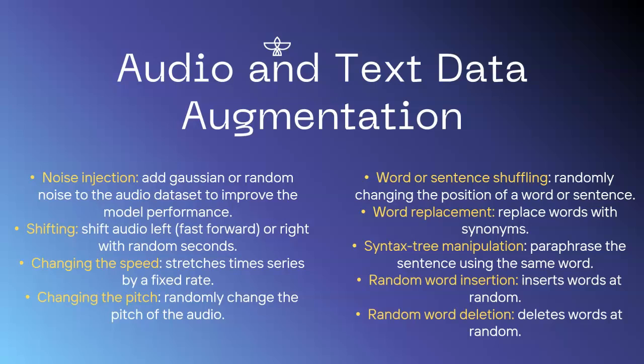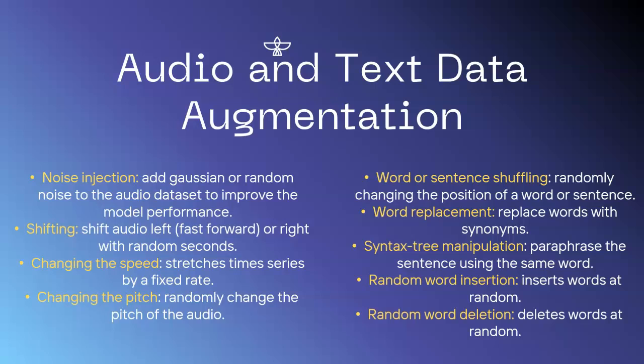Then you can use syntax tree manipulation, and you can use random word insertion in order to increase the quality and efficiency of the particular signal. Then random word deletion, so extra words you can delete. This is how you can use data augmentation in order to avoid overfitting, to classify the signals.